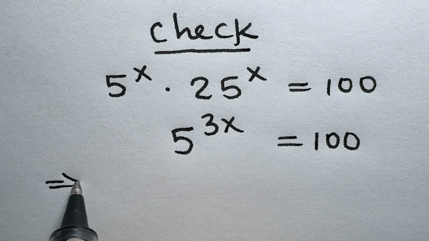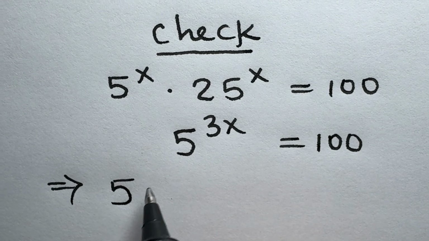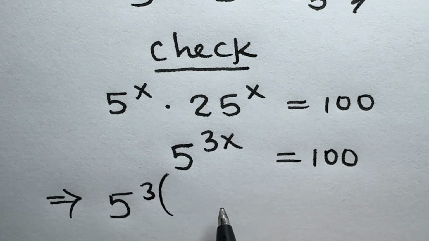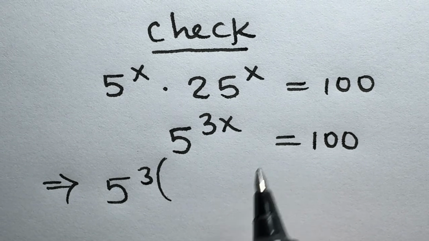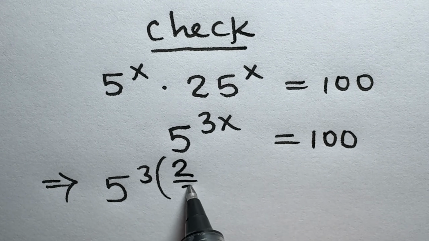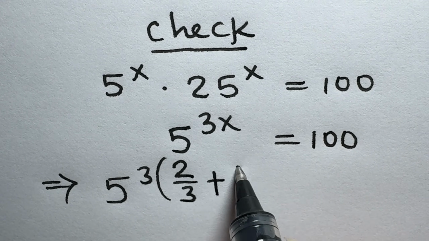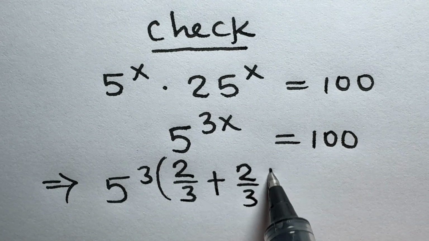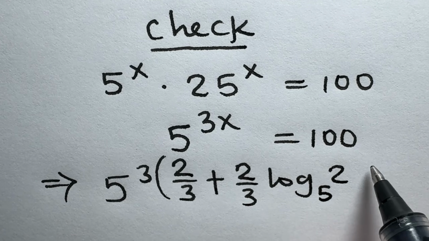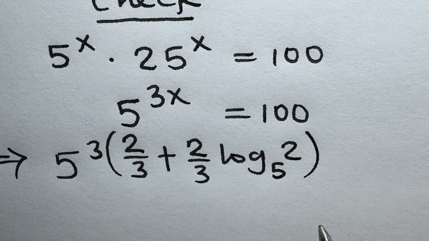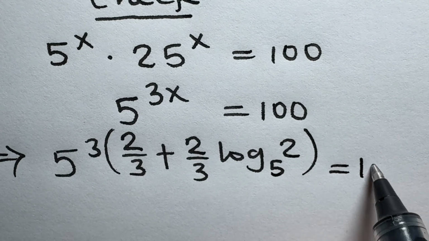This would then imply 5 raised to power 3, then into brackets 2 over 3 plus 2 over 3 log 2 base 5 is equal to 100.